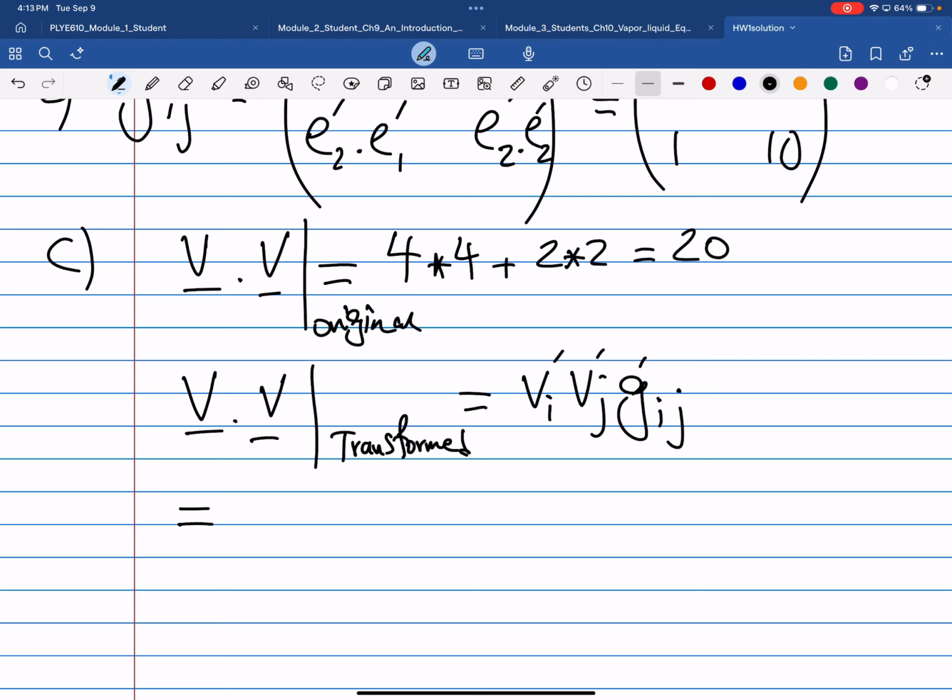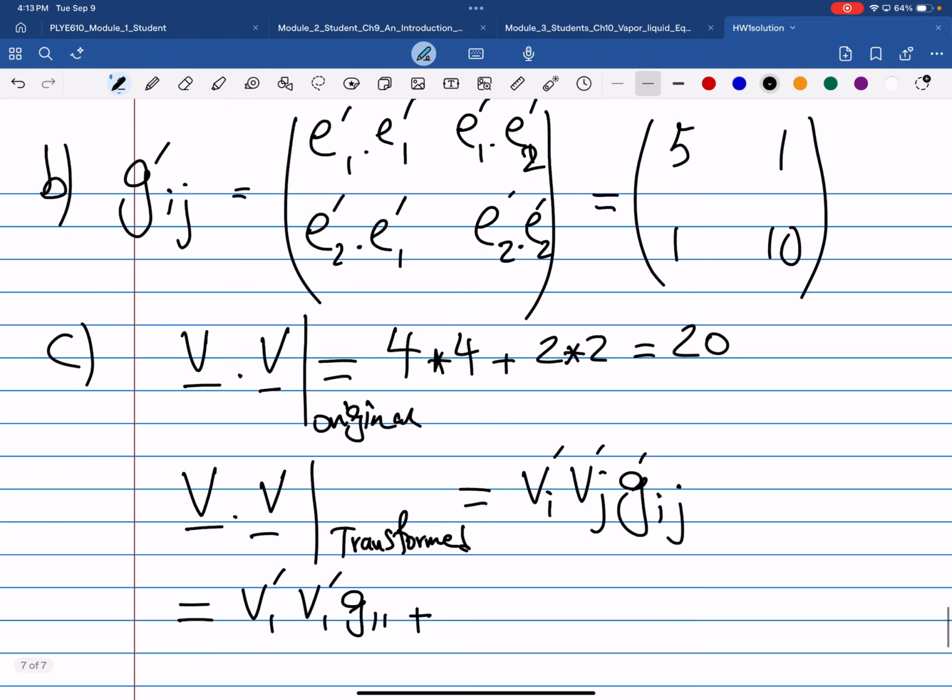If you open this up, how many components are you going to have? There are 4 components, right? So it's going to be V prime 1, V prime 1, G1 1. Then what else do we have?